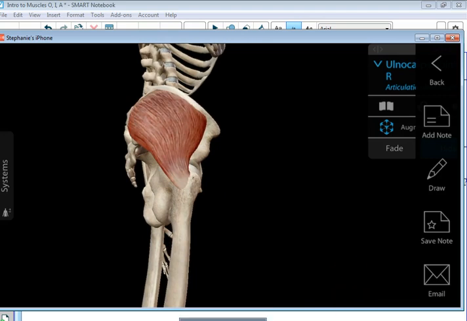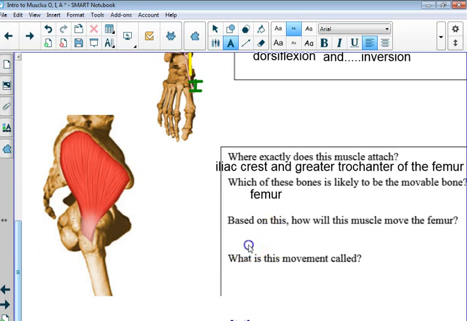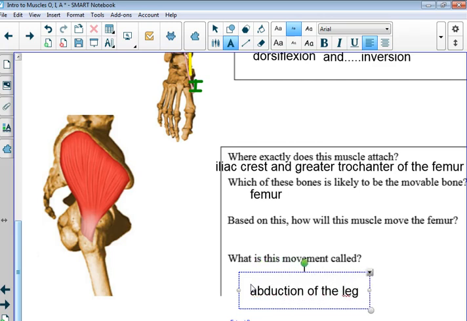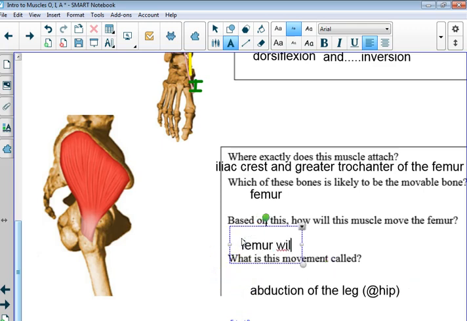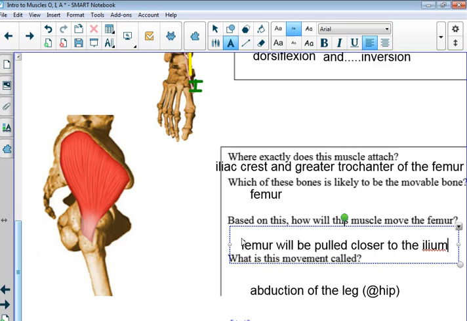And if you do that, you will get a movement called hip abduction, abduction. I'm going to write at the hip. So the femur will be pulled closer to the ilium, and that will cause abduction, abduction of the hip.